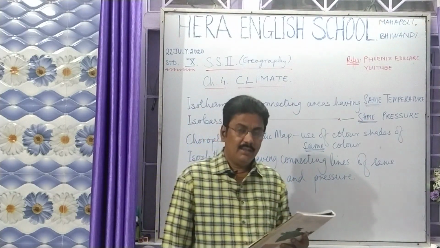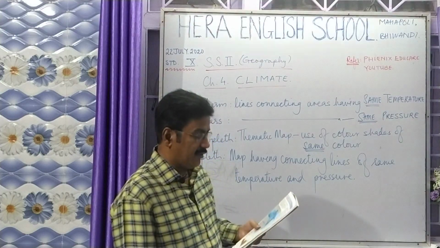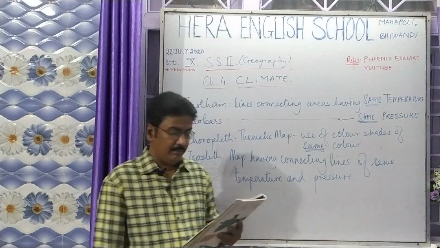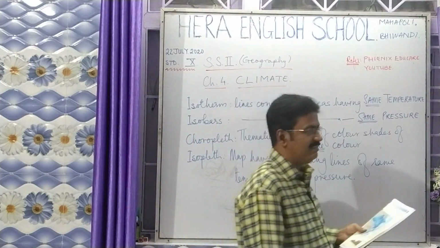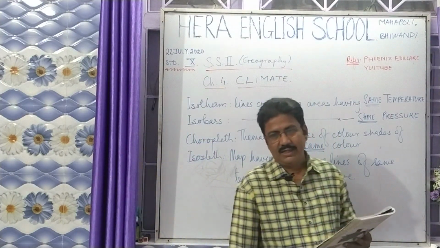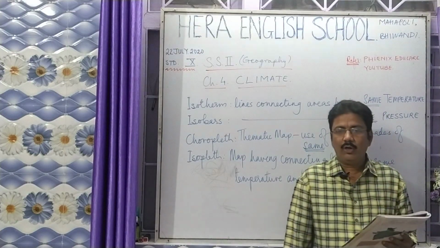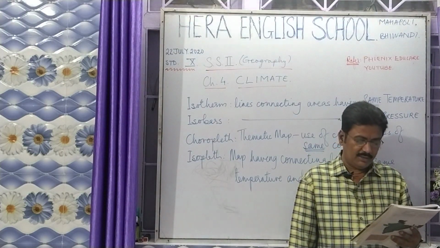Question number 9. Identify the rain shadow area in Brazil. Rain shadow area means where there is less rainfall, where the area is receiving no or little rainfall.